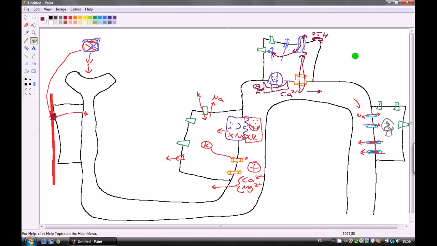Now we've got another one. We've got amiloride. So amiloride is a potassium sparing drug, okay, and this acts by coming here and it blocks these sodium channels. And by blocking the sodium channels, you don't get sodium reabsorption. Therefore, you don't get the whole sodium going in, potassium going out.